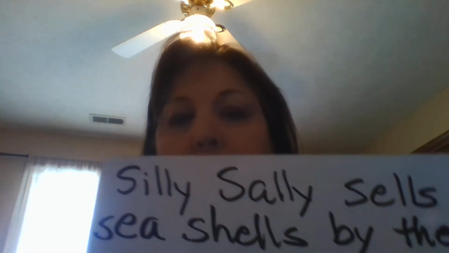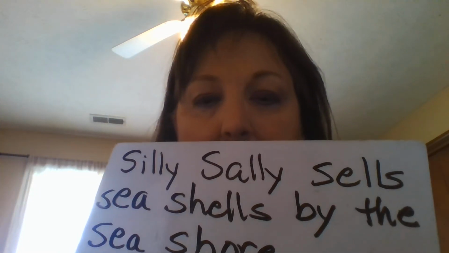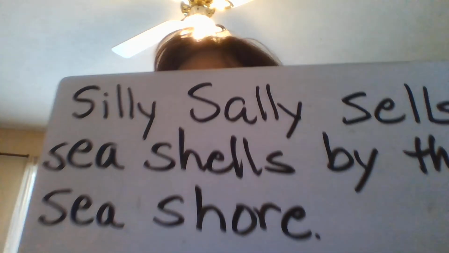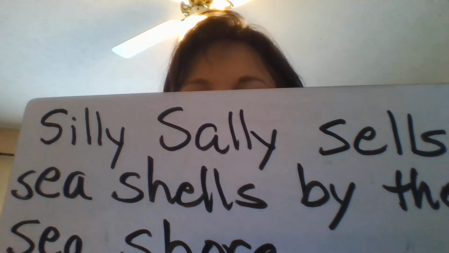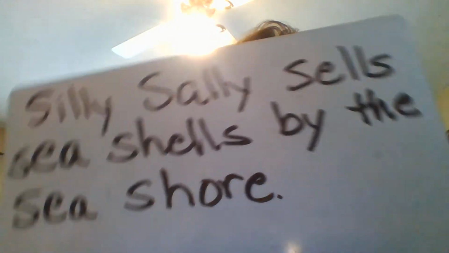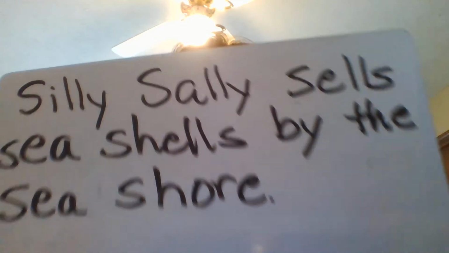So on the lines, you would write, Silly Sally sells seashells by the seashore. Okay? Silly Sally sells seashells by the seashore. Then just draw a quick picture in the box of Sally on the seashore selling seashells. Like I said, this one isn't as important as some of the other ones as far as a picture is concerned.